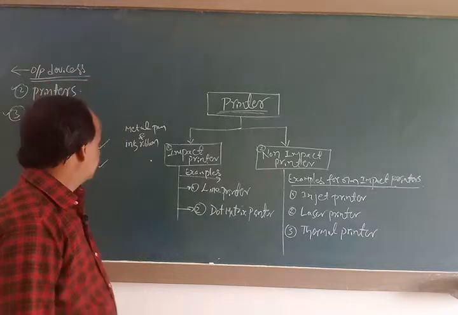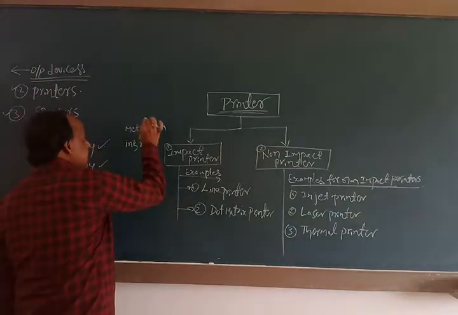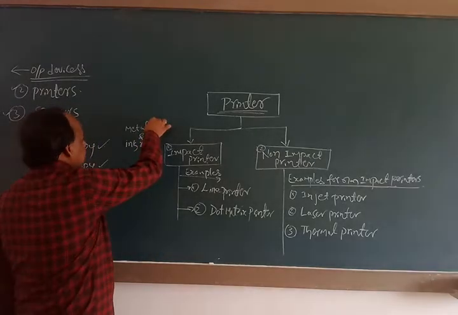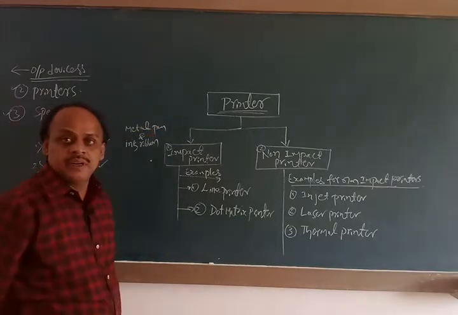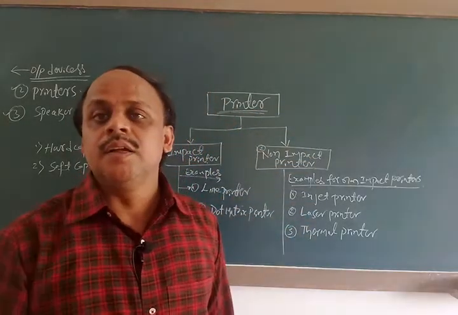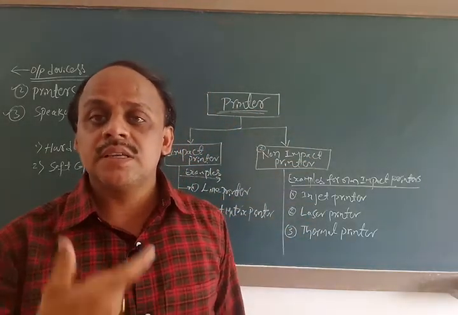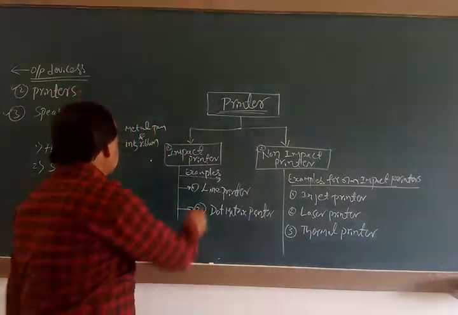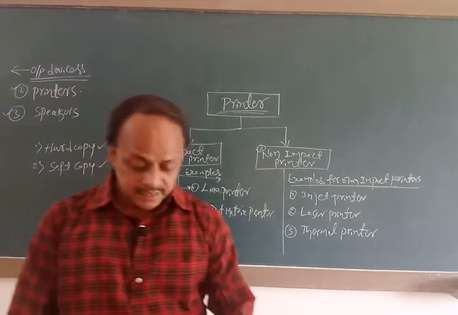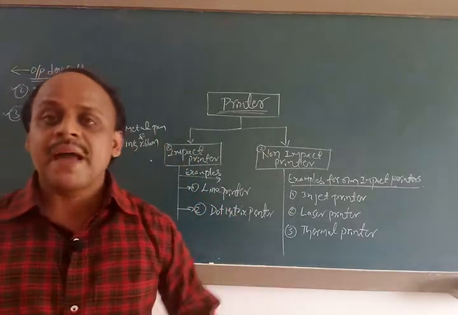Whenever a metal pin hits, it is going to touch the ink ribbon, and then that particular character is printed on paper. So this is called impact printer. And now let us see the characteristics of impact printer.